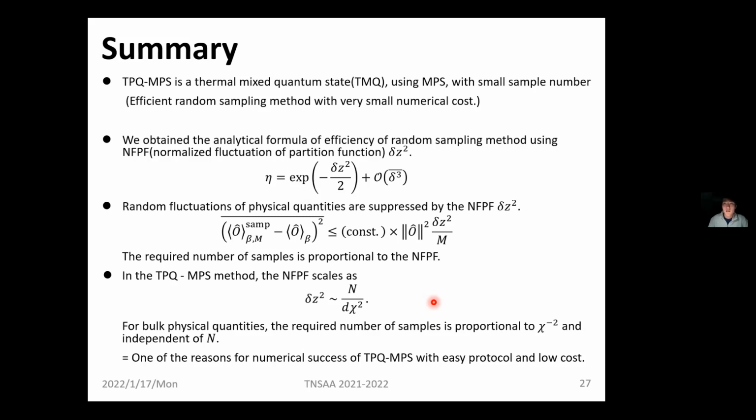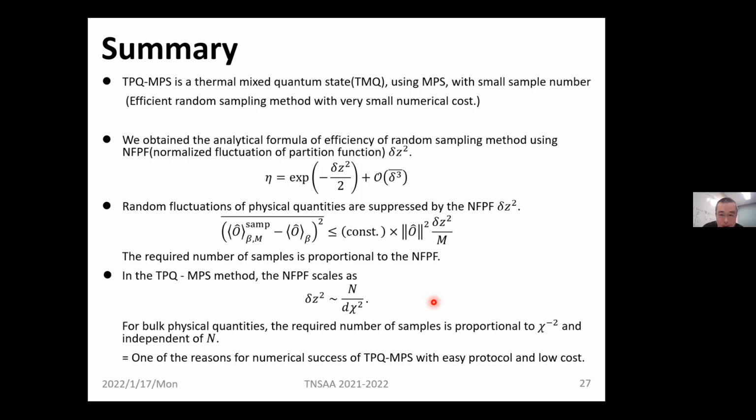Yes. The variance of physical quantity in TPQ states is evaluated as bounded by operator norm square times exponentially small term. So it is okay in TPQ method, I think. Okay. Thank you very much.